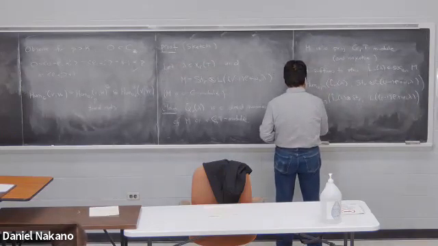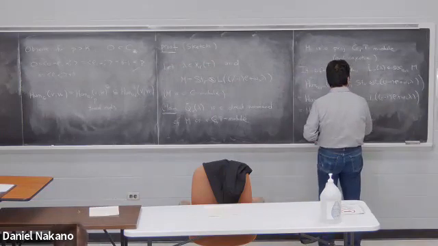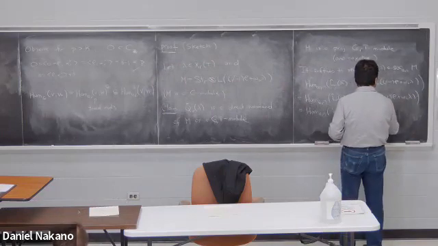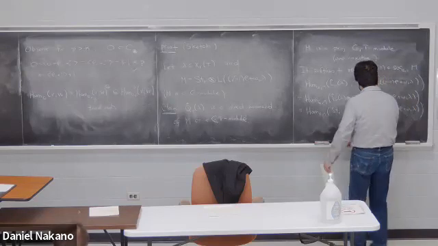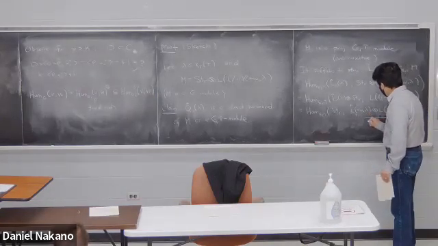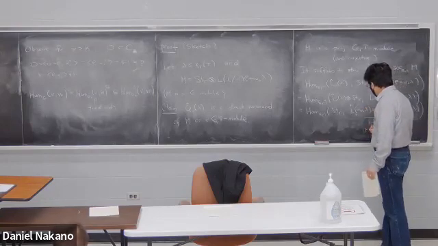So I get Hom over G_rT of Steinberg tensor L of minus w0 lambda, so this is the dual, tensor L of (p minus 1)rho plus w0 lambda. And the highest weight here is the sum of these two highest weights, and it's (p minus 1)rho.